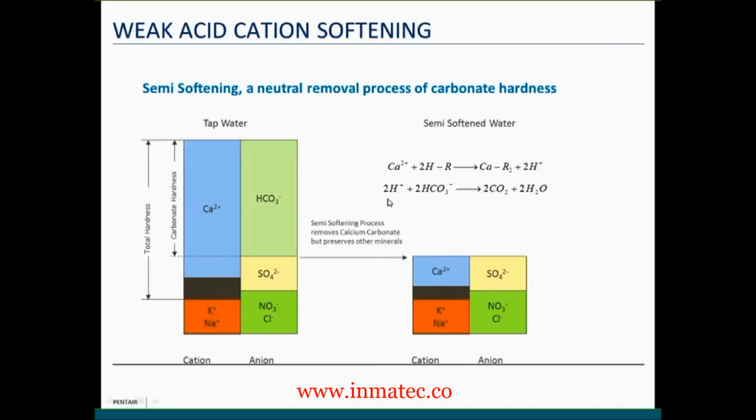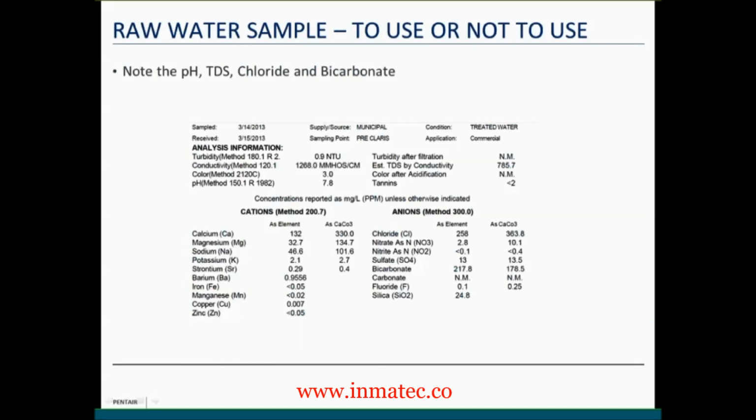Well, now we have those 2 hydrogens are now able to interact with the bicarbonate buffer system, or the alkalinity, and it reacts with 2 of those HCO3s to produce 2 molecules of carbon dioxide and 2 molecules of water. So what you end up with is dissolved CO2 that will bubble and gas off.